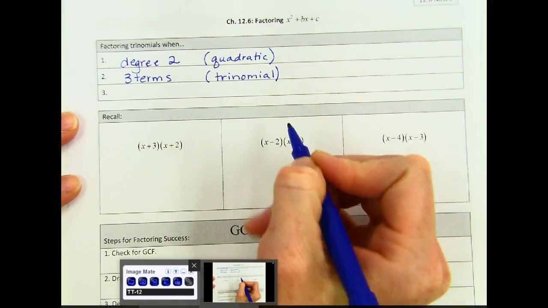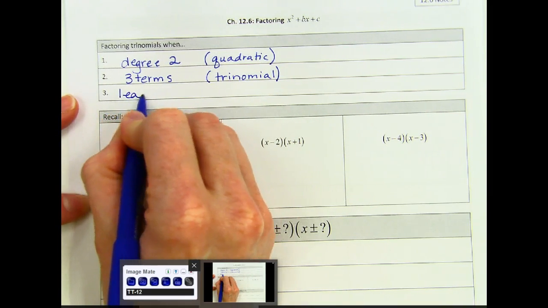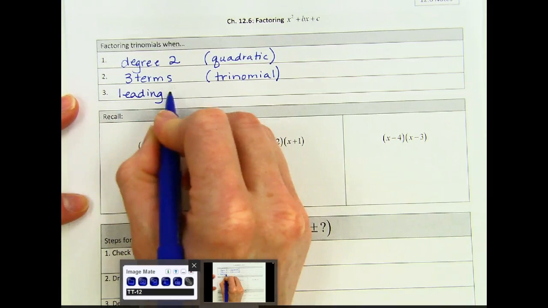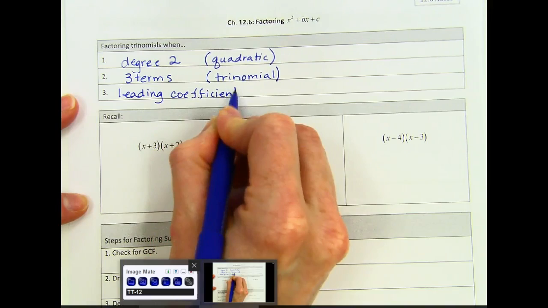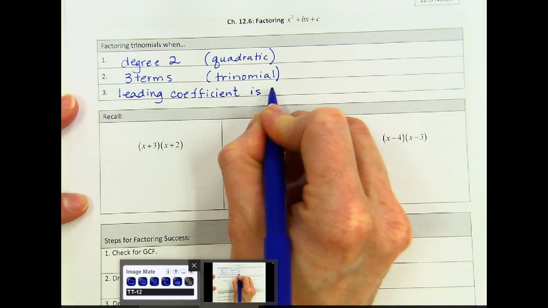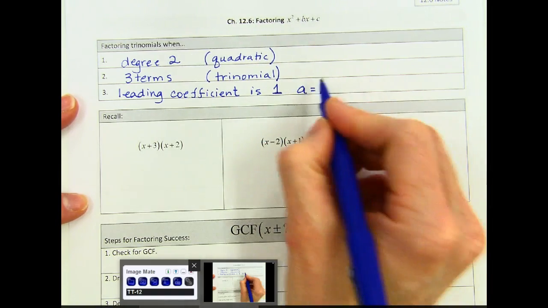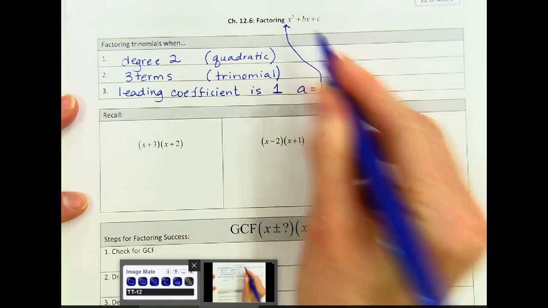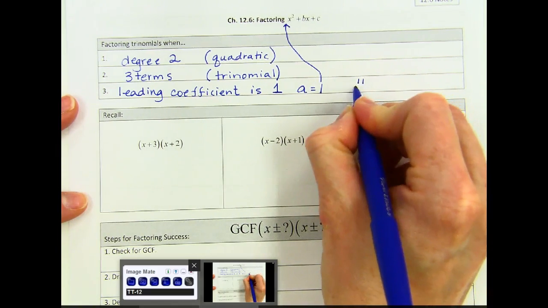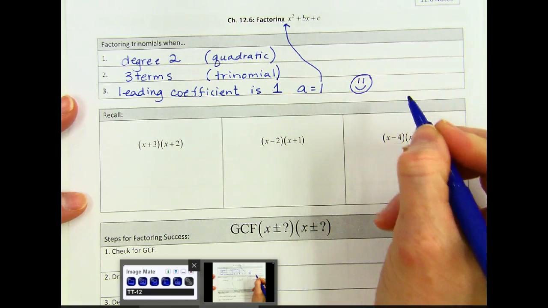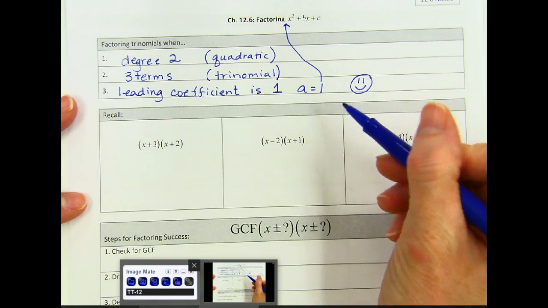And the most important one today is going to be number 3, the leading coefficient. Remember, that is the number that sits out front of the one with the highest degree. And the leading coefficient is 1 today, so A equals 1. So if you look up here, that's why A is not there. It's implied to be 1. Now I'm going to draw a smiley face here because you are going to realize when A is 1, the problems are much simpler to work.